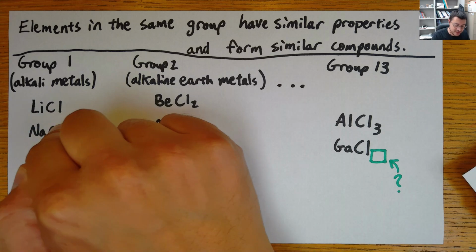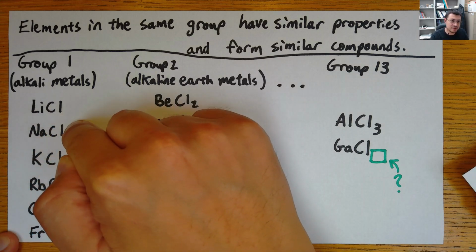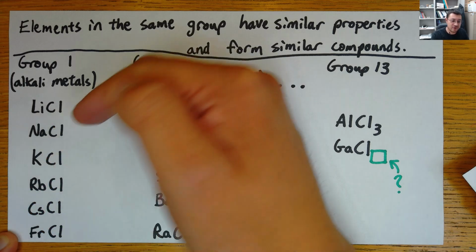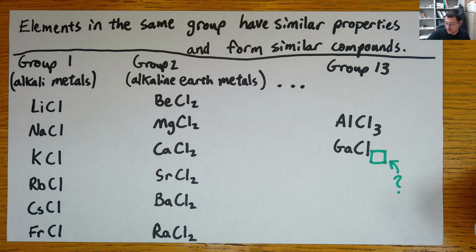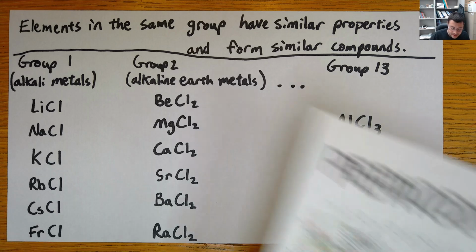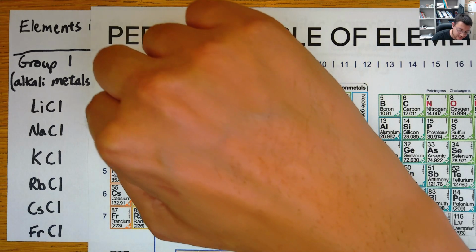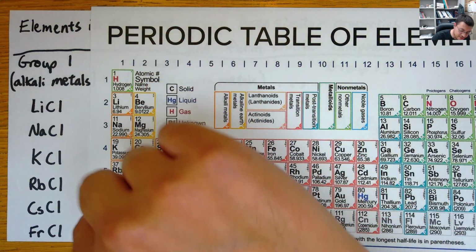The most famous is sodium chloride, also known as table salt, rock salt, halite, however you want to pronounce it, the stuff that you put on your food. We have lithium chloride, sodium chloride, potassium chloride, rubidium chloride, cesium chloride, and francium chloride. You can see on the left-hand side of the periodic table that they all appear.